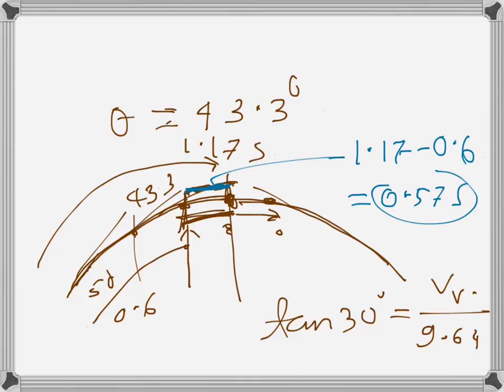So we need to find when the ball will be descending at a 30-degree angle, when it will be coming down. From ascending 30 degrees to 0 degrees, it takes 0.57. From 0 degrees to descending 30 degrees, it will also take the same amount, 0.57 seconds.